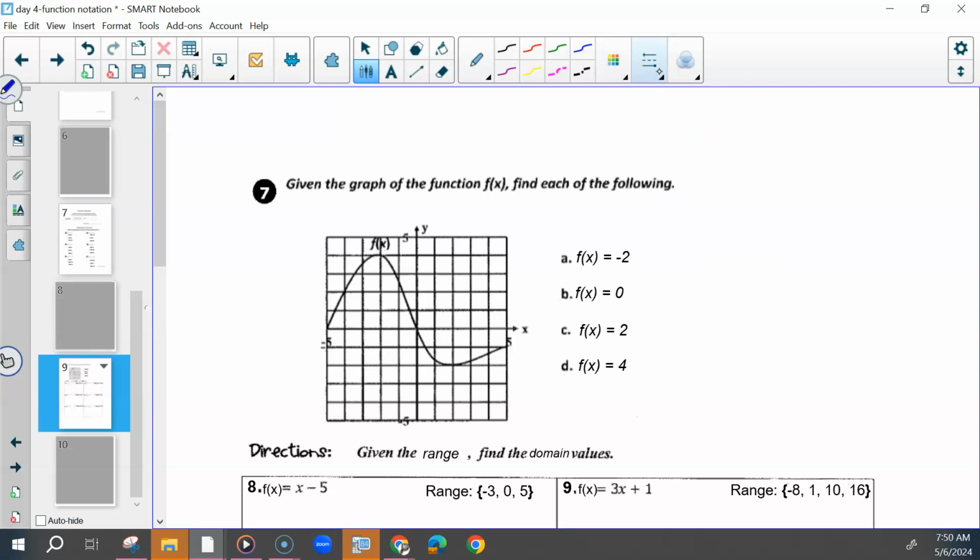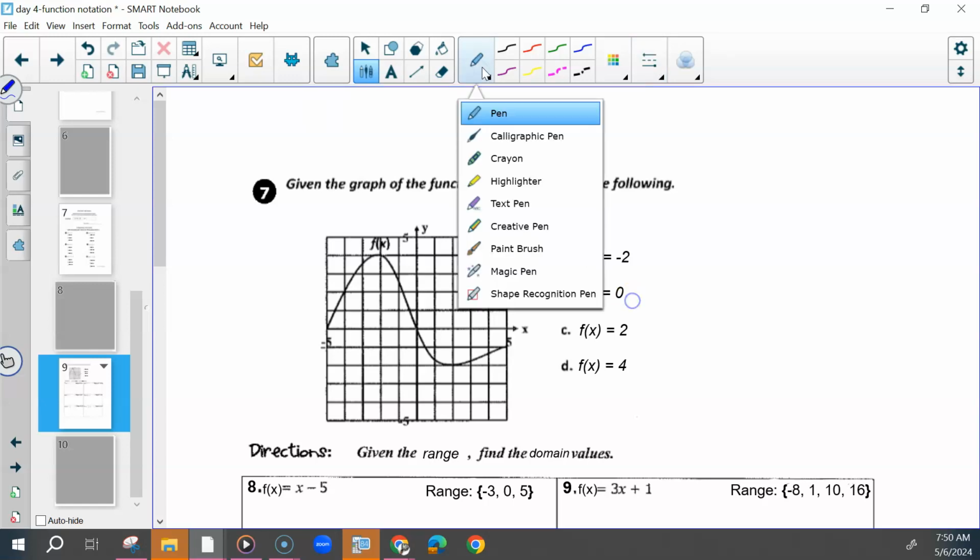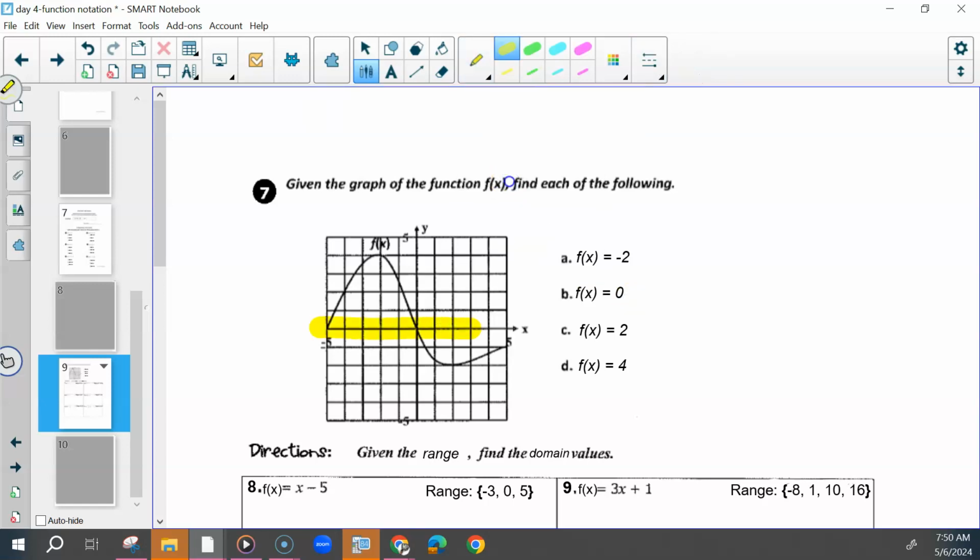Now we have f of x equals 0, so that's your y equals 0, and you're trying to find what is your x. So when y is 0, what is x? 0. But x equals 0.